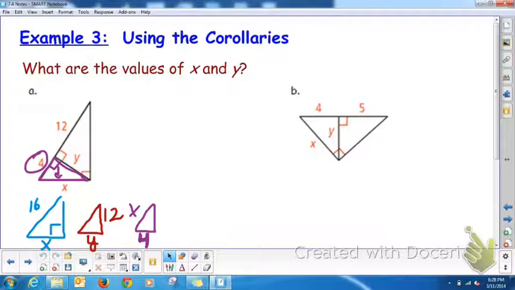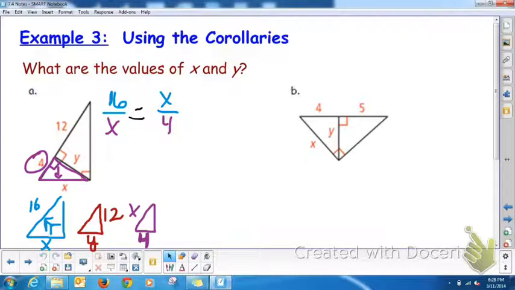I need to find matches. So if I look at the blue triangle and the purple triangle that I've drawn here, I can write a ratio of the sides. The hypotenuse of the blue triangle, which is 16, over the hypotenuse of the purple triangle, which is x, is equal to the short leg of the blue triangle, which is x, over the short leg of the purple triangle, which is 4.